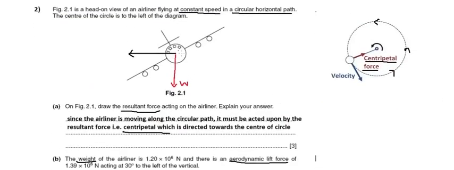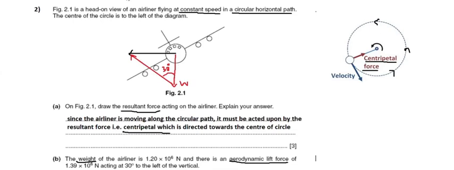So this itself is a vertical line, that is the line of the weight, but it is in the downward direction, but the air lift is acting upwards in the vertical direction and with a 30 degree angle to the left. So here it is going from this point to this point, and it should be at a 30 degree angle to the vertical. Okay. So this vector is showing you the aerodynamic lift, and this vector is showing you the weight.